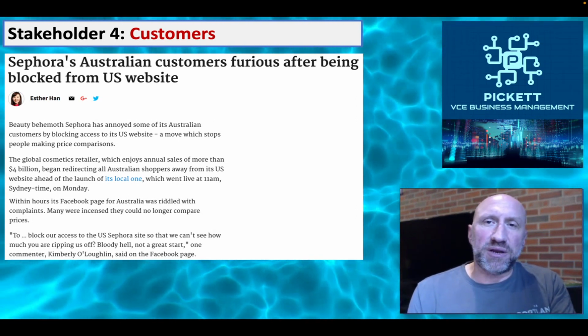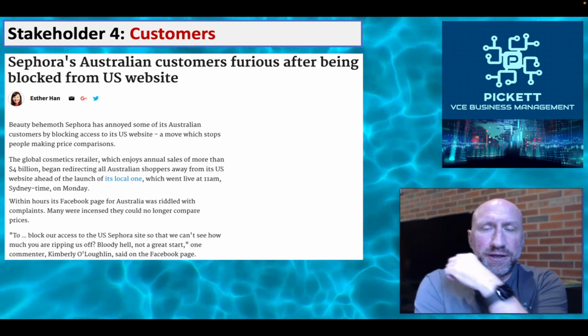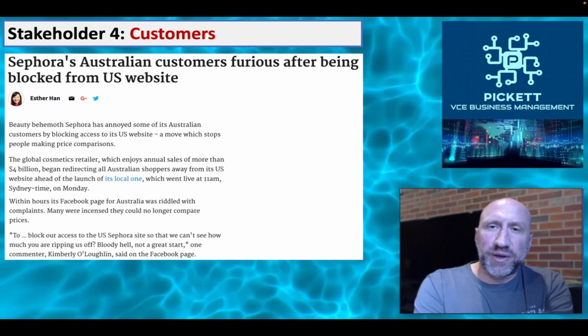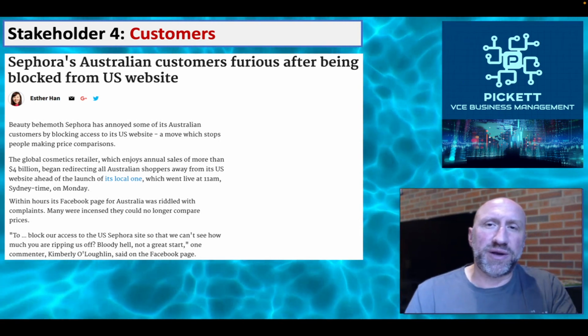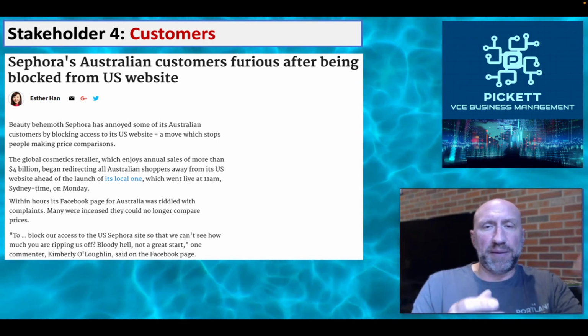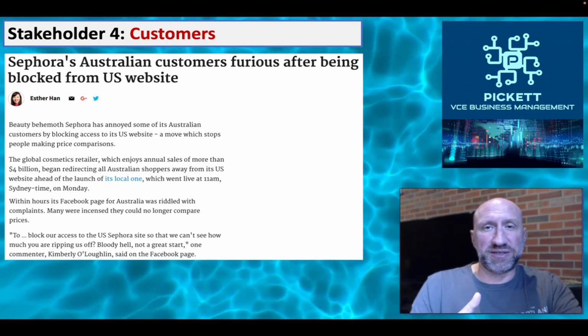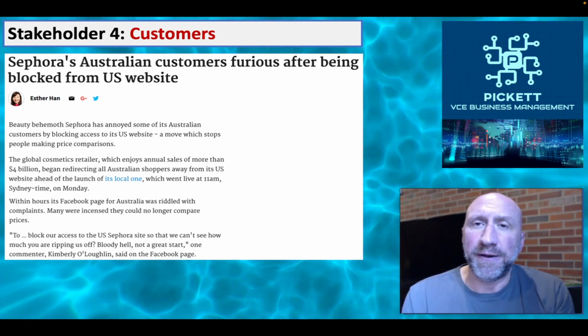So what was happening was you had Sephora operating in Australia, their online store. And what the Sephora customers were doing was looking at the US website and looking at the prices of how much you could buy the same product for in the US as opposed to Australia, obviously taking exchange rates into account.